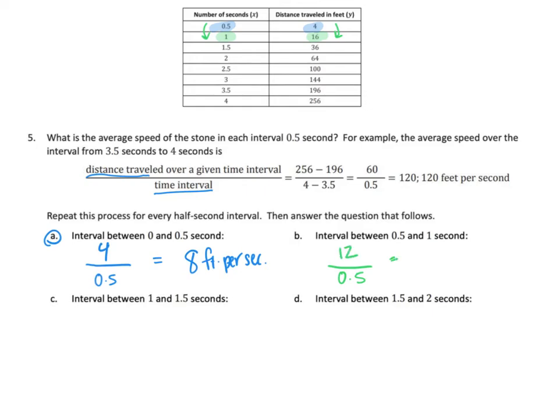So it's going to be 12 divided by 0.5, which comes out to 24 feet per second. Right? I want you to go ahead and try to do C and D. Find these time intervals. Remember, this is your formula, the distance traveled over the time interval, and then we'll go over it very shortly. Okay? Find the average for these two given problems.